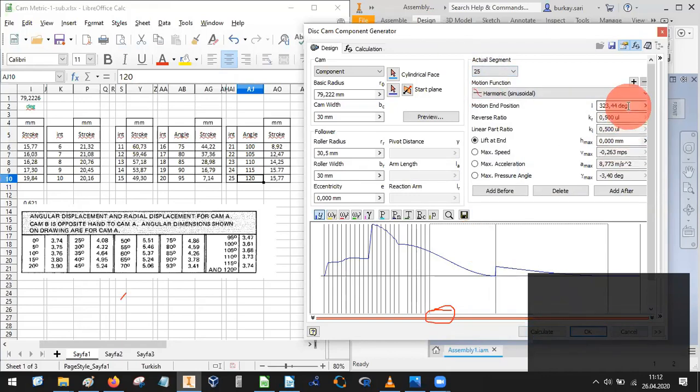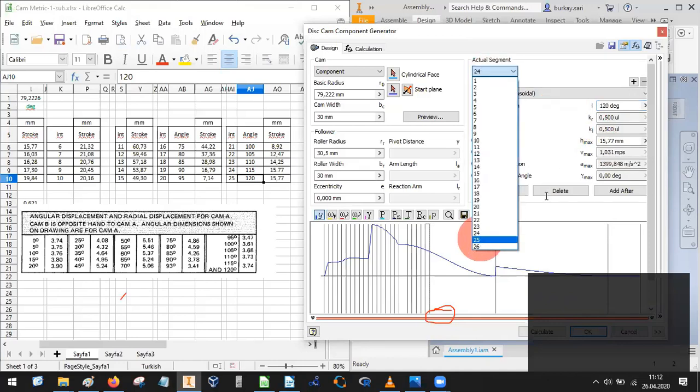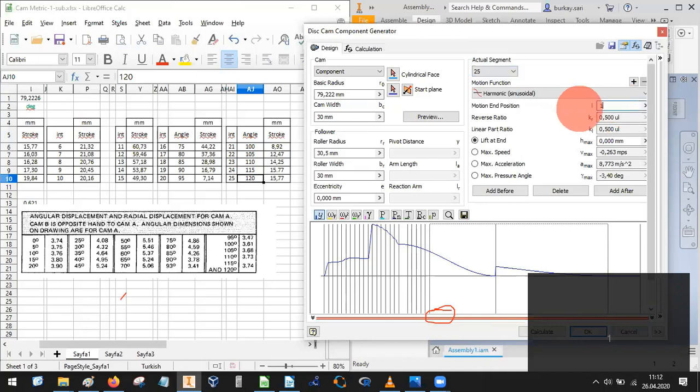And after this one, 25 again. Before this one we have 25, and after this segment it is 125. The 25th one, it has the stroke 15.77, and we will just return to this position.